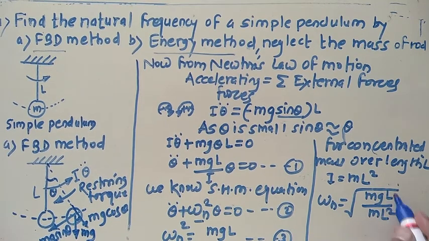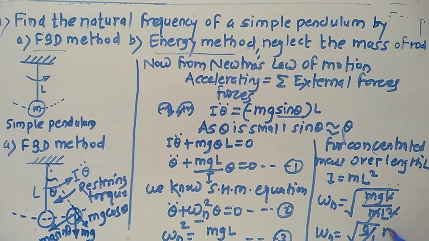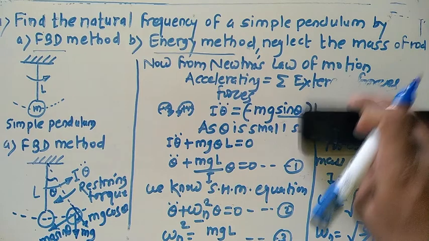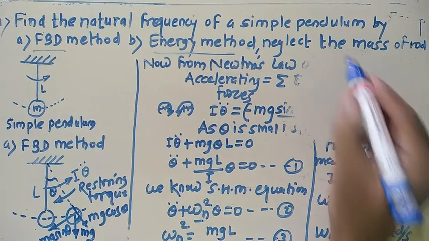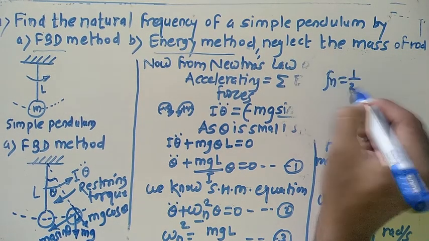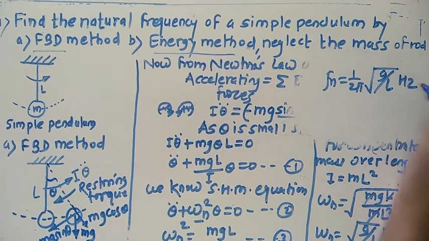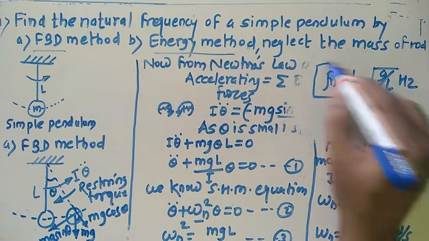So L gets cancelled, m gets cancelled. What do we get here? Omega n equals the square root of g divided by L. In this way we get the relation in terms of radian per second. If I want this relation in terms of hertz, then fn equals 1 upon 2 pi square root of g divided by L, in terms of hertz.